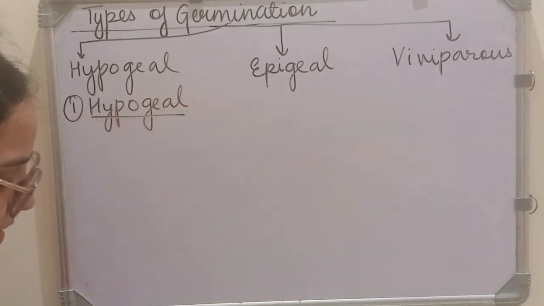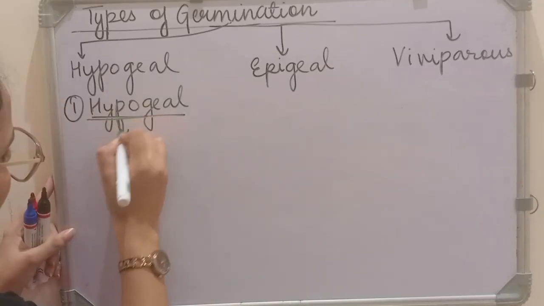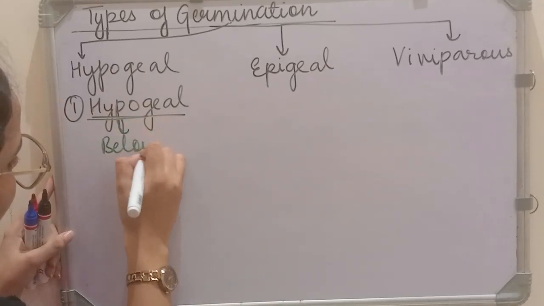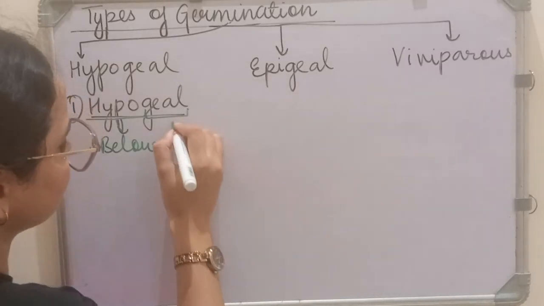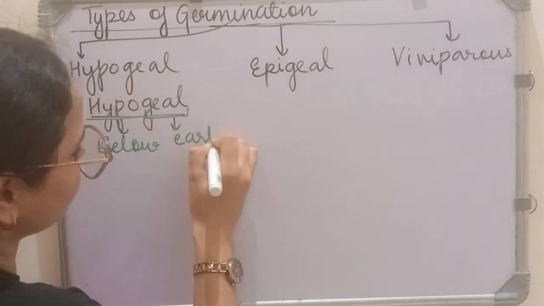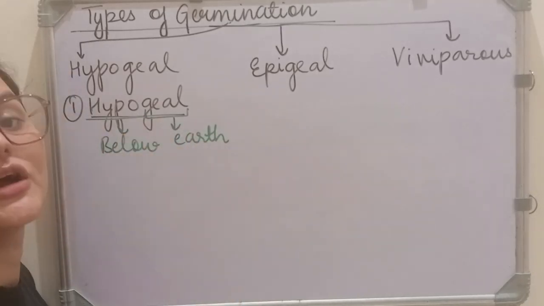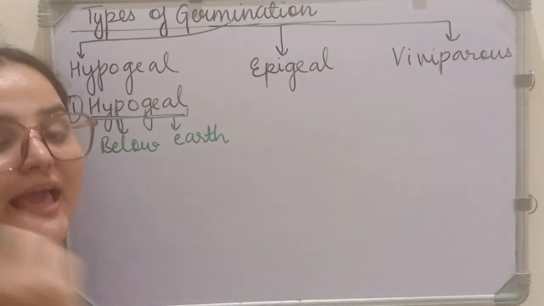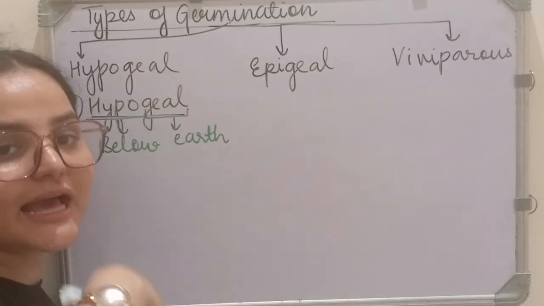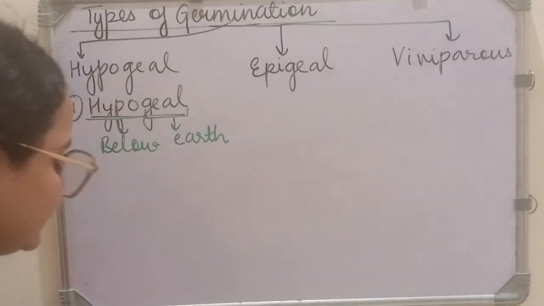Okay, the word hypo means below, and the word geo means earth. So what happens in hypogeal germination? The cotyledons, they remain under the ground, and the epicotyl elongates and comes above the ground, and later on the radicle elongates.